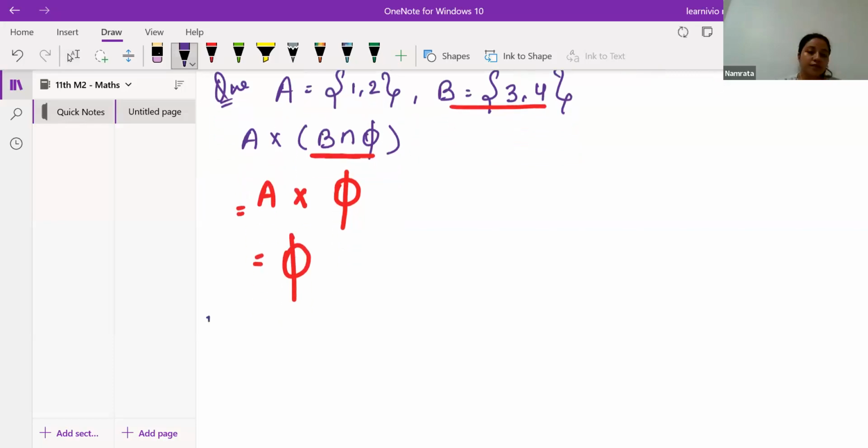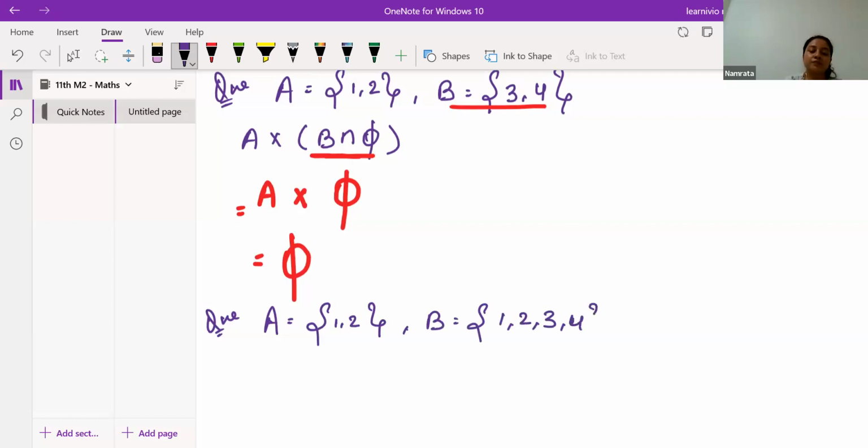Suppose we have a set A, which is 1, 2, a set B, which is 1, 2, 3, 4. A set C is there, which is 5, 6. A set D is there, with 5, 6, 7, 8.